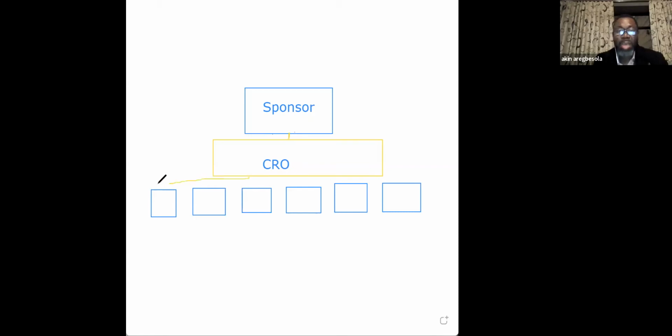It is the CRO that will contract the sites, the PIs, the CDM like you, the CRAs, the SC, and so on and so forth. Everybody, or virtually everybody. Occasionally, they will have a small department here that would oversee this. But majorly, everyone will work under the CRO because these are the contractors.